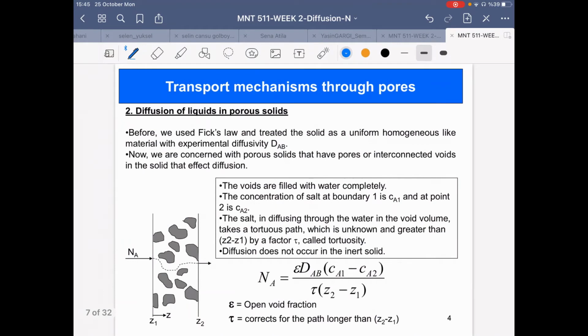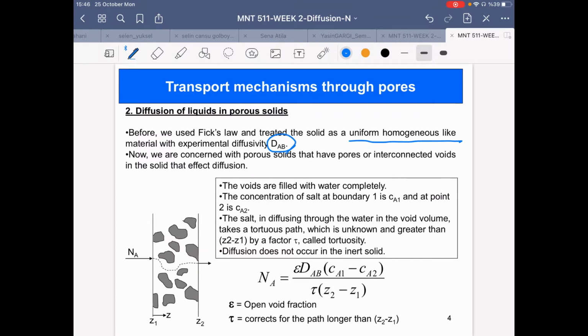But when we consider transport mechanisms through pores, and that's what we're trying to come to, right? Because we're trying to diffuse things through nanopores. That's the whole purpose of what we are using these nanopores for. Before, we used Fick's law and treated the solid as a uniform homogeneous-like material with experimental diffusivity, DAB.